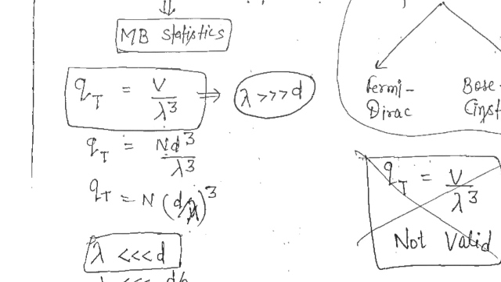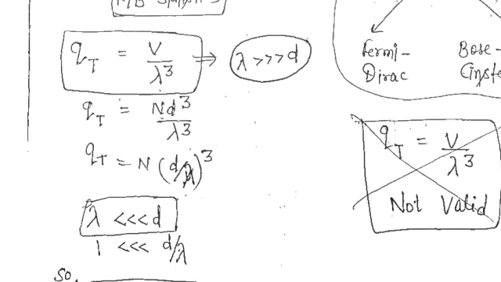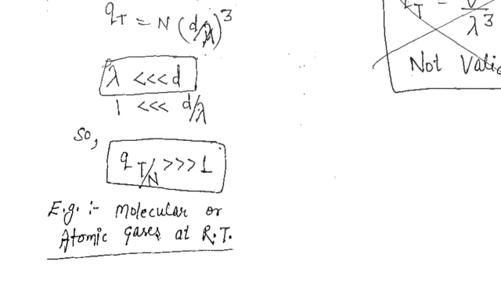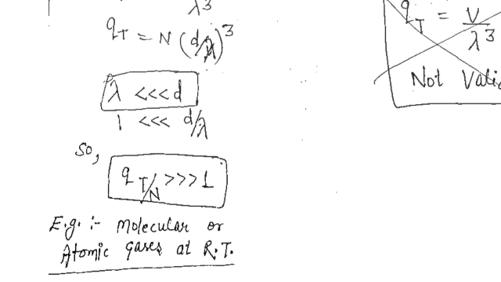Since lambda is far less than d, qt upon n, which we had taken in the denominator, is far greater than 1, because d by lambda becomes greater than 1. So qt by n will also be greater than 1.